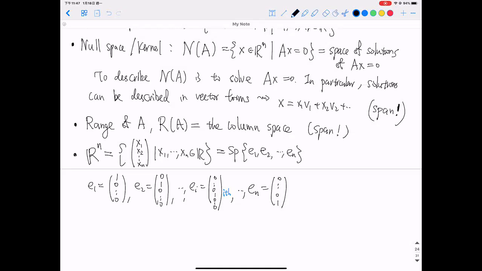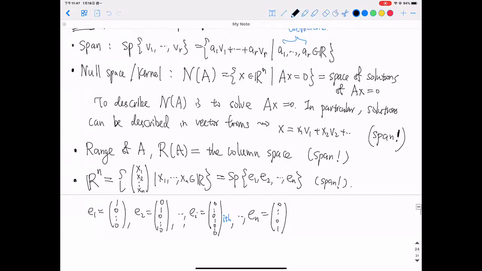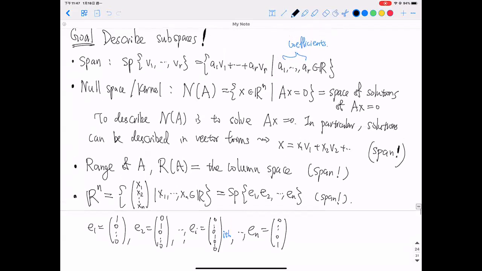So even the biggest vector space to this date, that is Rn, is a span.